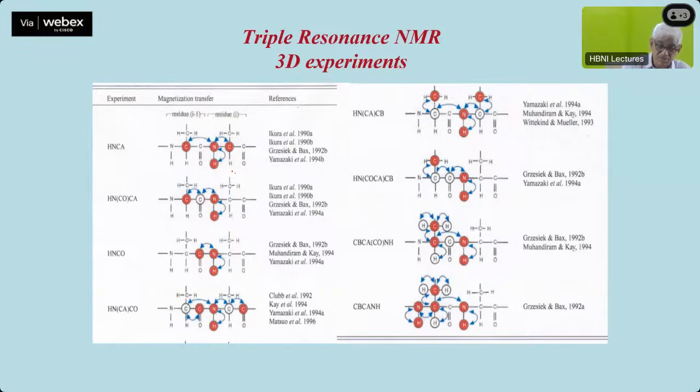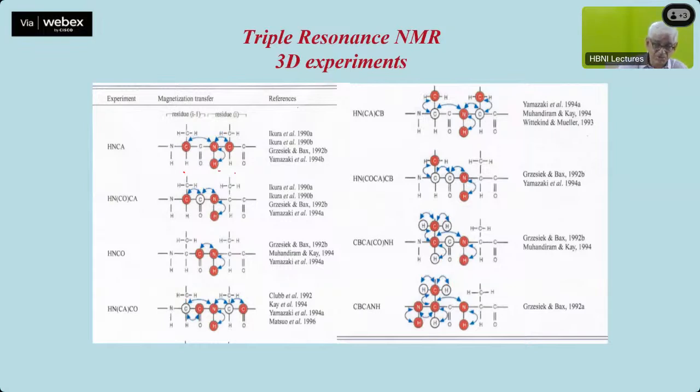So if this residue is i, this is i minus 1. So you transfer to the previous residue, and then you label the C alpha. So that becomes the frequency labeling of this carbon. And from that one, you come back to the nitrogen 15. And now you don't have to label that, you already labeled it. And from nitrogen 15, you come back to the amide proton and detect the amide proton.